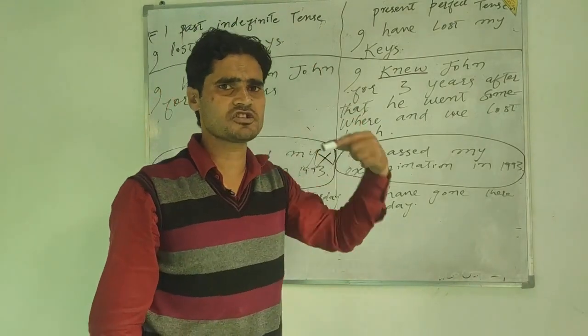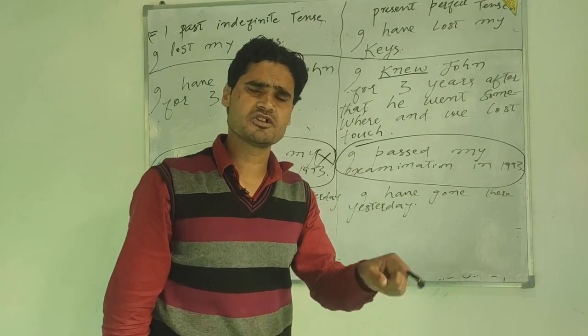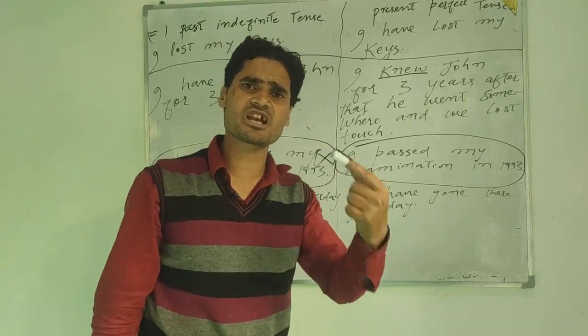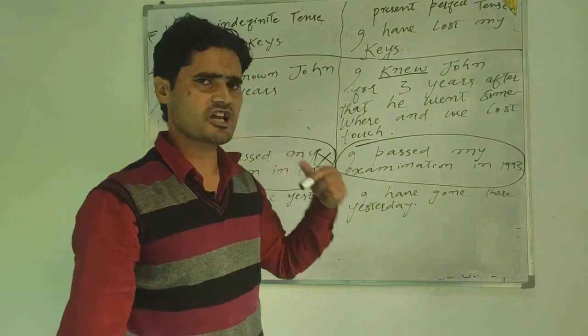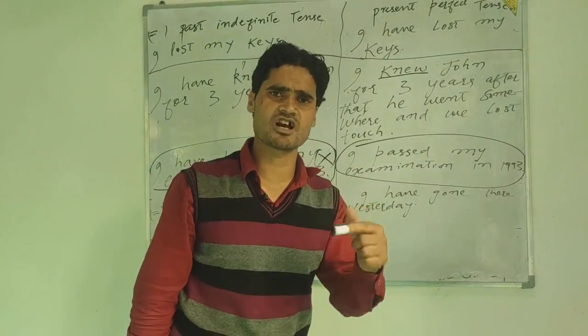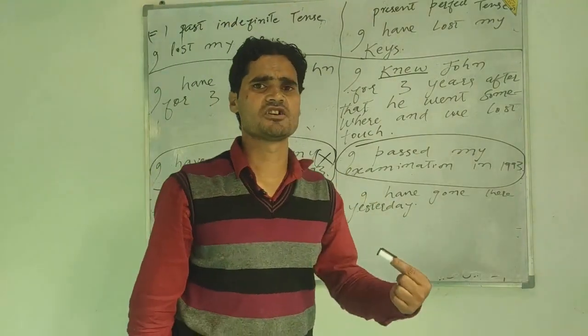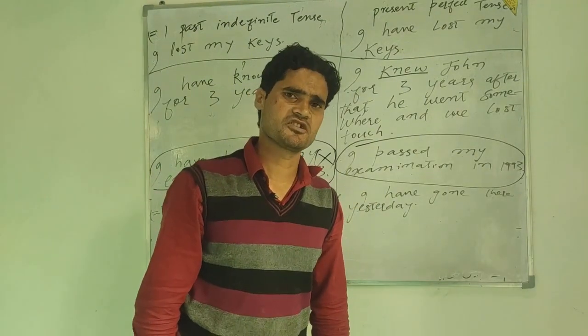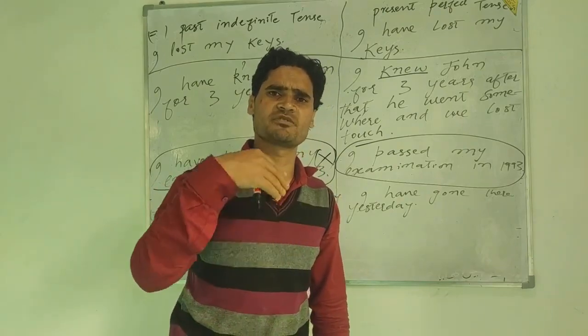They are used in the second form. They are used in sentences characterized by the second form of verb. In short, finished time periods or time words are used with past indefinite tense, not with present perfect tense. You have to bear it in mind. It is very important from the examination point of view.